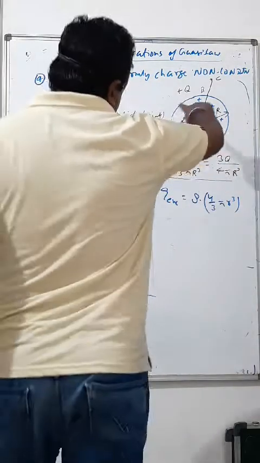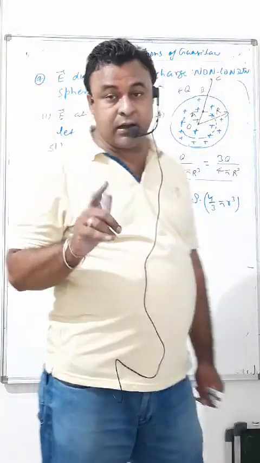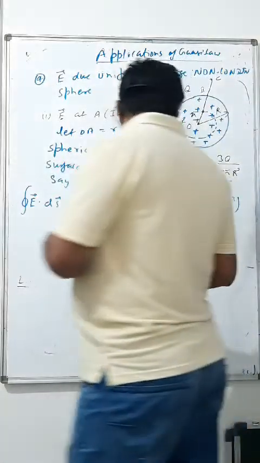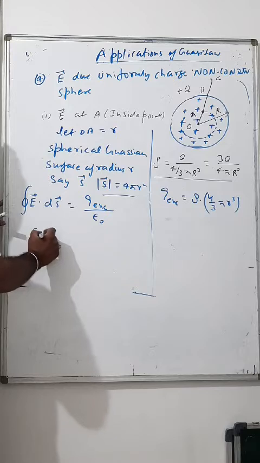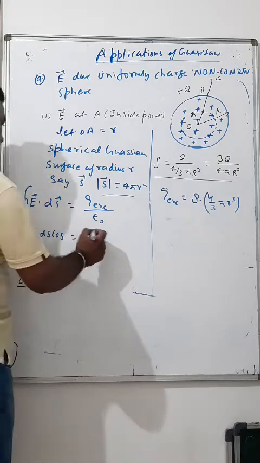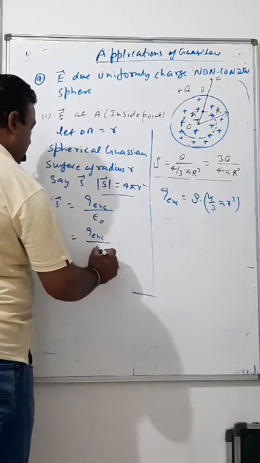At this surface, the direction of electric field is radial everywhere, so the angle between E and S is 0 degree at each point. So here I get E dS cos 0 equals q enclosed upon epsilon naught.